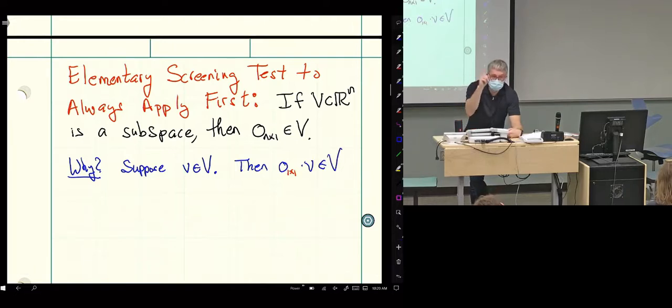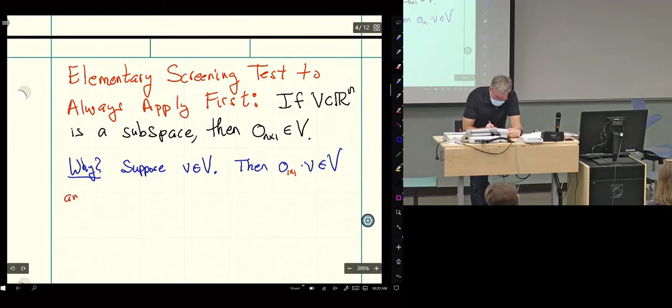That's just one of the possible numbers in the reals that you could multiply v by and still get something in there. And zero times v is equal to the n by 1 zero vector. So that's the first thing you check.